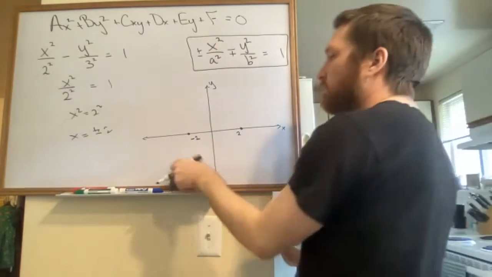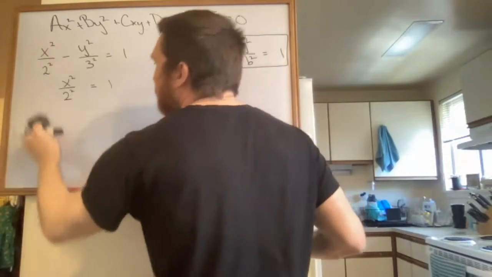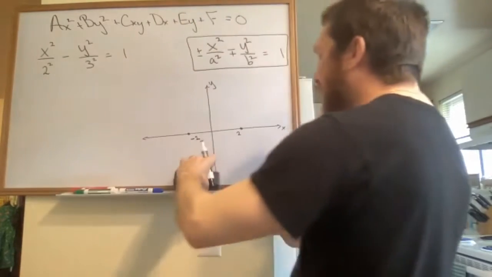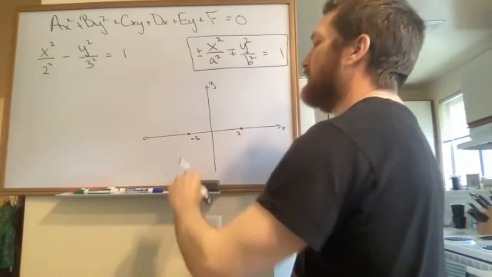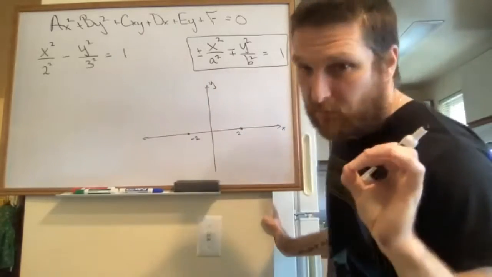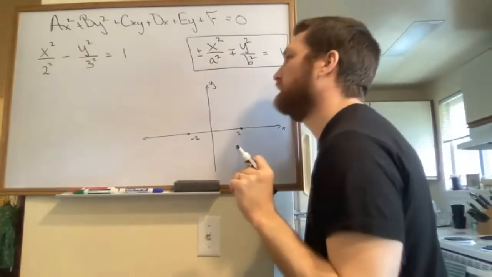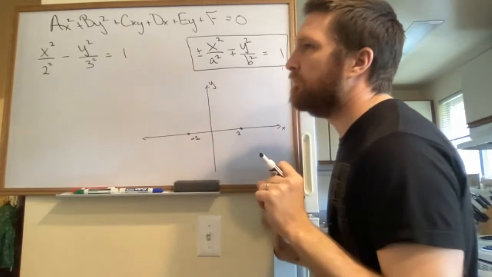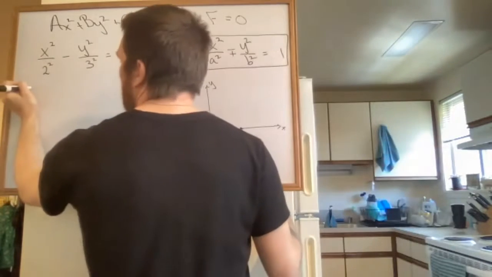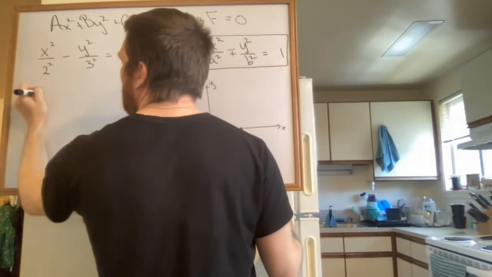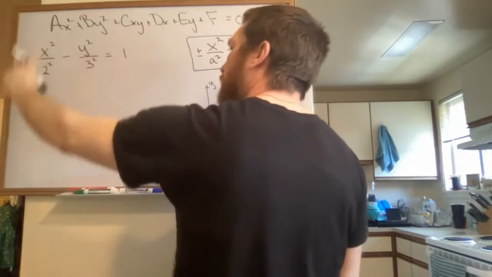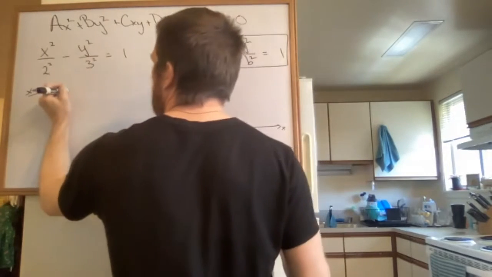So, okay, cool. Let's find what are the y-intercepts. How do I find a y-intercept? What do I plug in for what? Plug in 0 for x. So when x is equal to 0, this equation reduces down to this.